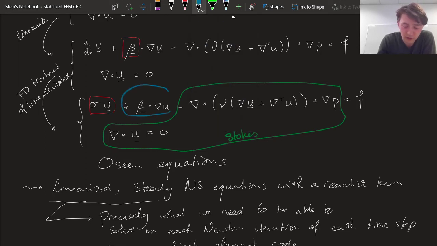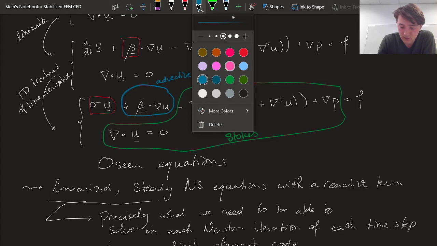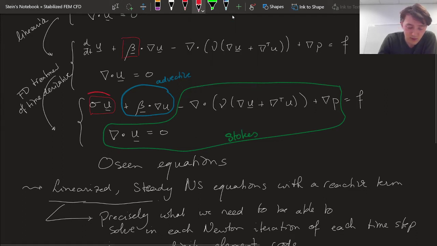This part of the equation is the advective part. And from our previous videos, we know that also that is quite sensitive. If we have a very large beta, then we get these advective instabilities. And then lastly, this part is simply a reactive part.